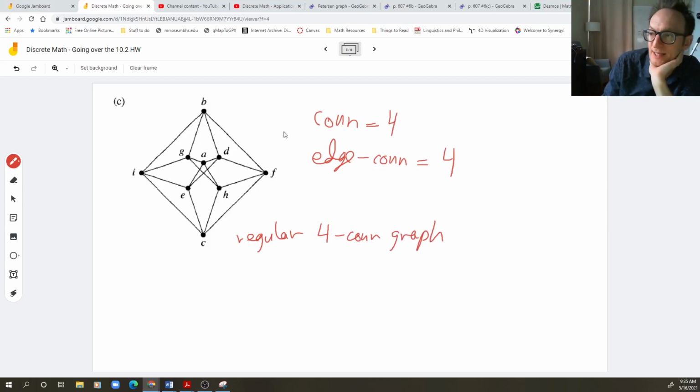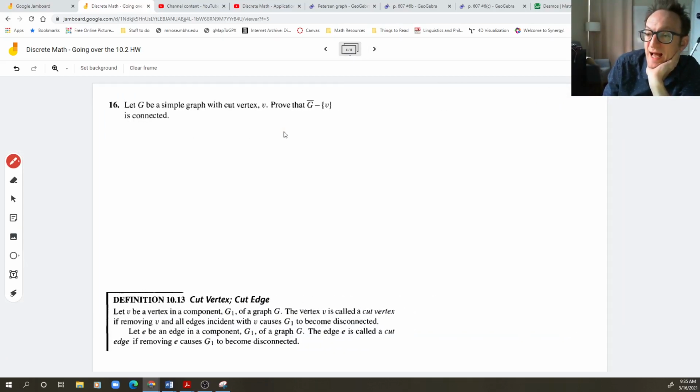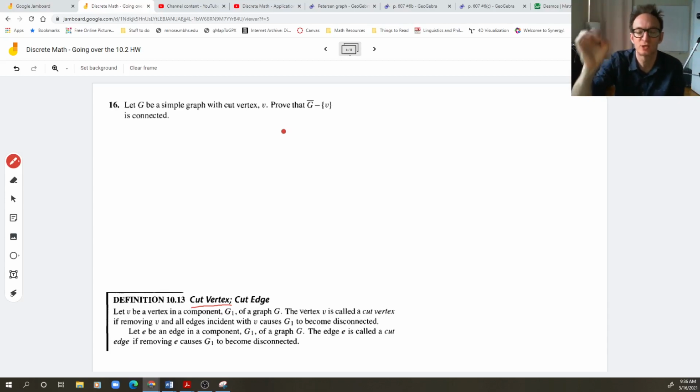Okay, let's move on. Then we have this other new piece of vocab, this idea of a cut vertex. This actually would have been useful for some of our conversations on the previous slide. What's a cut vertex? It's the vertex which, if you remove it, then the graph becomes disconnected.